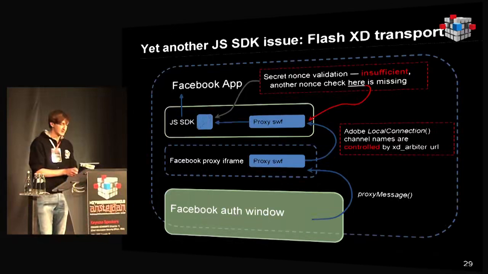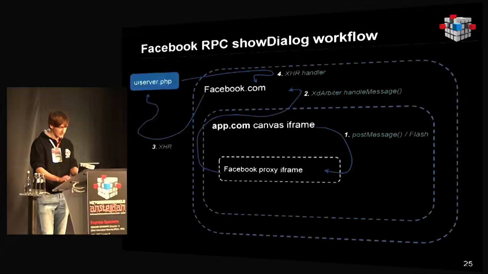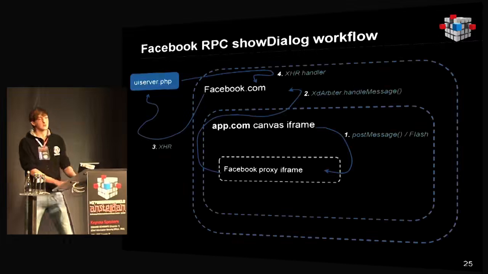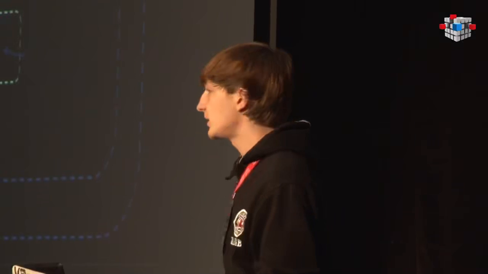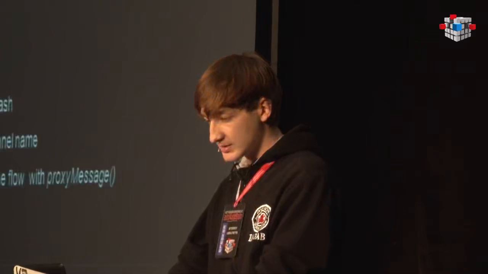It transmits the message to the JS SDK, and then everything fails because the nonce doesn't correspond to the predefined value. But in my case, in this flow, I only need to submit the message to the Facebook app controller, and I don't need to submit any nonce to the app controller because there is no nonce check.